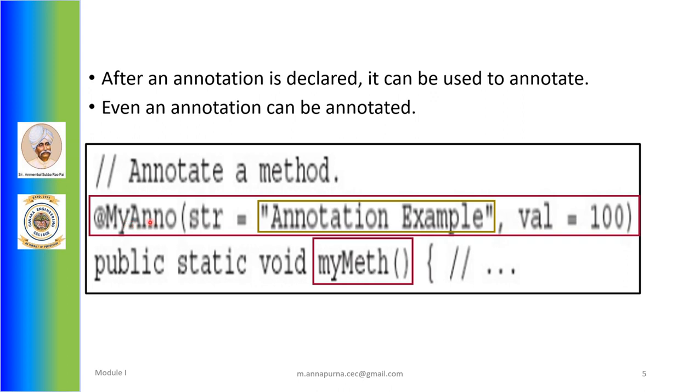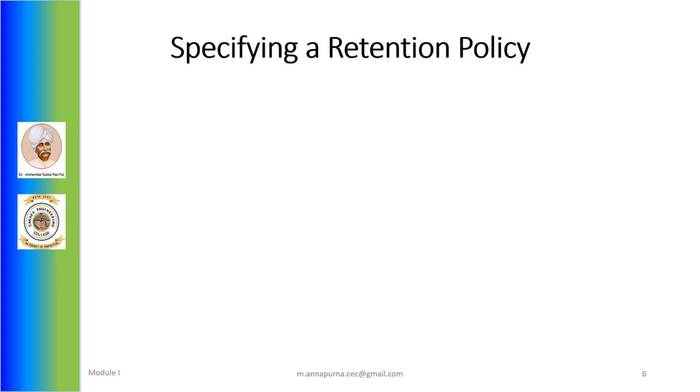Also notice that no parentheses follow str and val in this assignment. When an annotation member is given a value, only its name is used. Thus, annotation members str and val look like fields in this context.